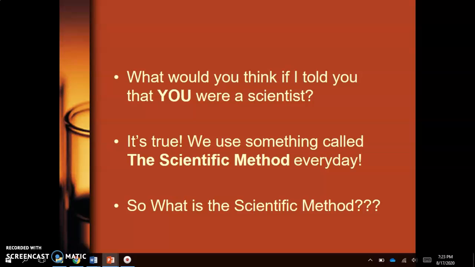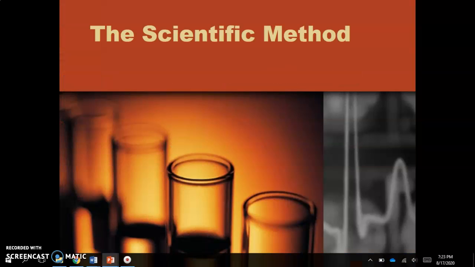The scientific method is a proper term that we use to describe the process that scientists use to draw conclusions about an experiment that they're running or a question that they have. But we also use the scientific method in everyday life and we don't even realize it. So what is the scientific method exactly?